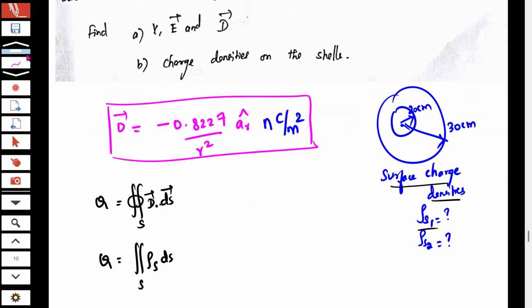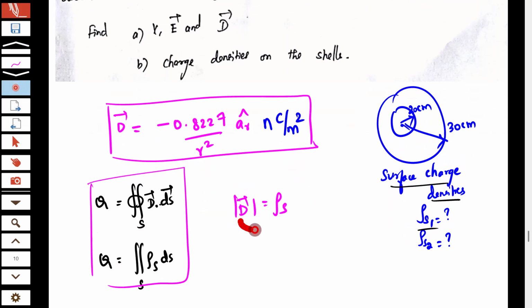When we equate these two, we get the magnitude of vector D is equal to rho S. So we can find the rho S value from the flux density vector, by taking the magnitude at the particular value of the radii to get the charge densities on that particular shell. If we consider the inner shell at R equals 20 centimeter, this is the inner spherical shell.